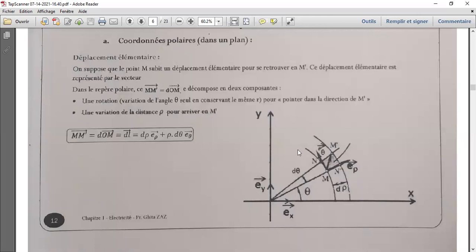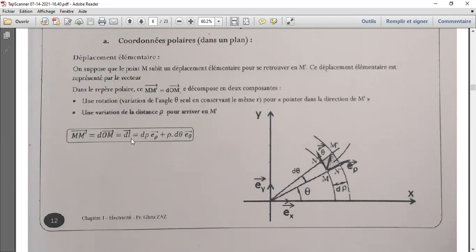So M will move to N on the same circle. If it is on the same circle, I told you that the distance ON is equal to OM, so rho is the same, and only the angle d theta changes.